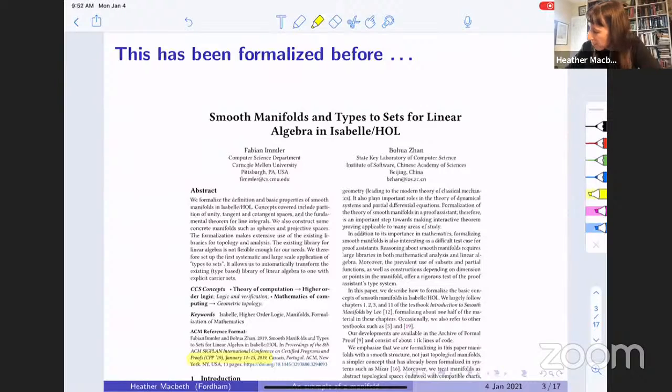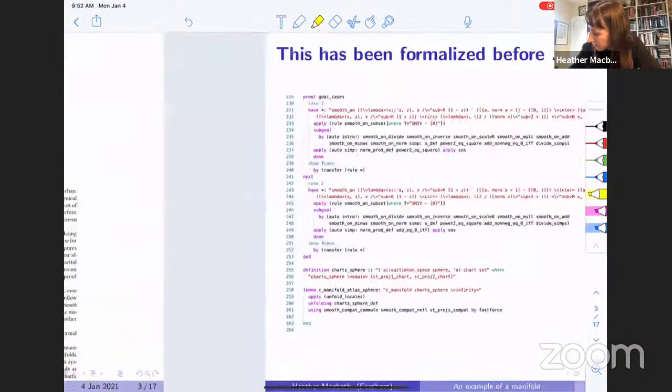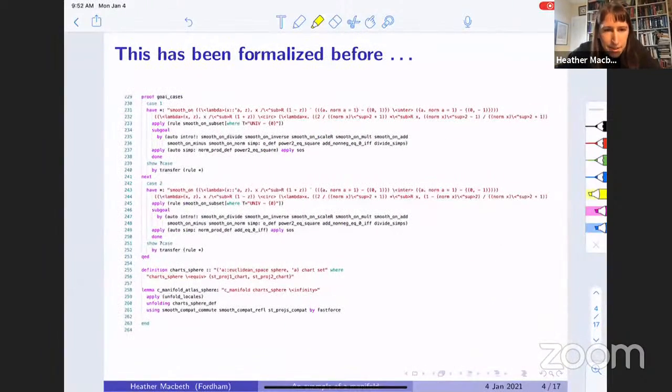I want to also just briefly sketch what their work looks like. So this is the final part of their code on the formalization of the sphere. You can see at this very last step, we have a manifold appearing. It's given by charts_sphere, with infinity as the degree of smoothness. And there's a check that certain lemmas are satisfied.